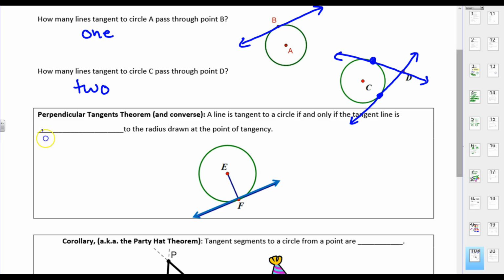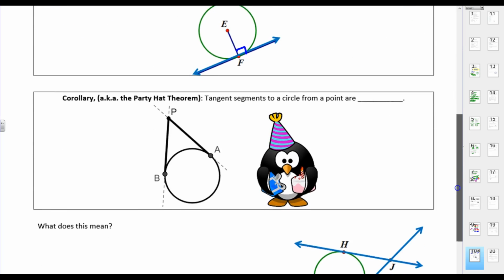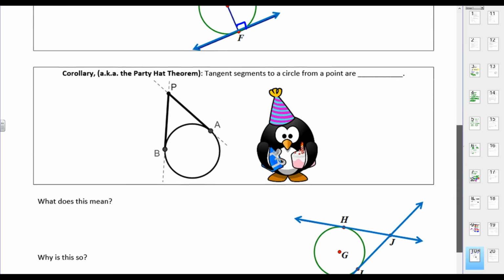Now, when I draw a tangent line, that tangent line is a tangent line if and only if it is perpendicular to the radius of my circle, perpendicular at the point of tangency. So we'd have this situation. If I have two of these tangent lines, this time intersecting at point P, and I draw in the center and the radii, these guys would both be perpendicular.